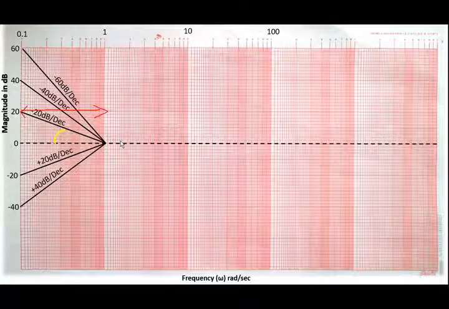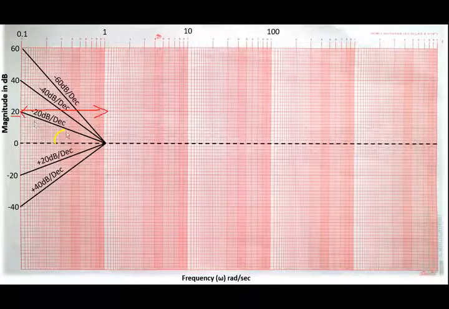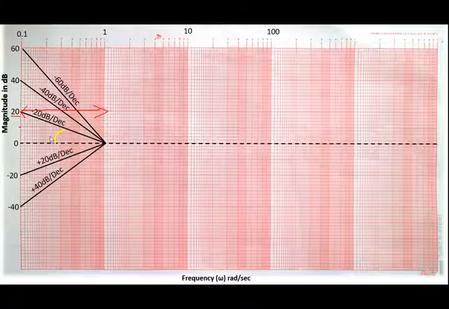So for minus 20 dB per decade, this is for 10 division scale here, and always observe that for 10 divisions I am considering 20 dB, so the inclination will be different. If I consider 20 dB for 5 divisions, the inclination will be different. So you need to stick to a single scale, whether 5 divisions or 10 divisions.